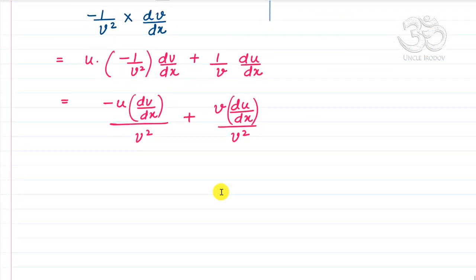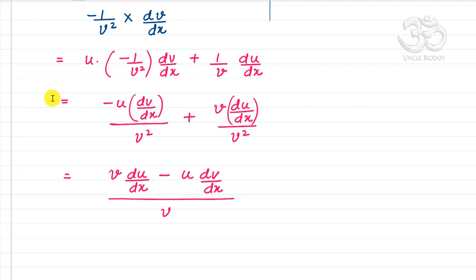And how the books show you the formula is this, and because this term has a minus, I want to keep this term second. So what the books will show you is this: v du by dx minus u dv by dx, divided by v square.